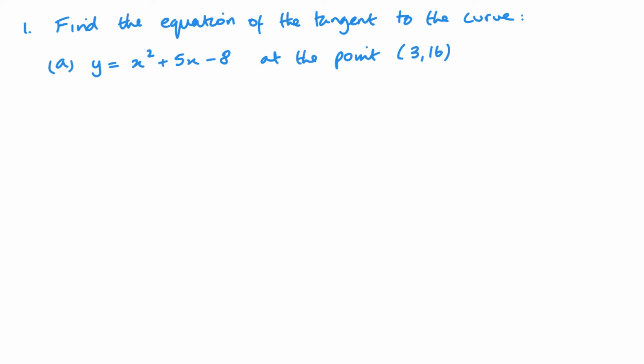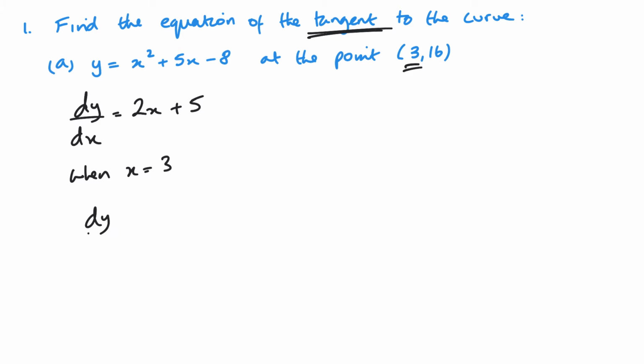So here we're trying to find the tangent. Start by differentiating and then substituting a value of x in. So this means we've got 2 lots of 3 plus 5. So 6 plus 5, 11. So I have a gradient of 11.